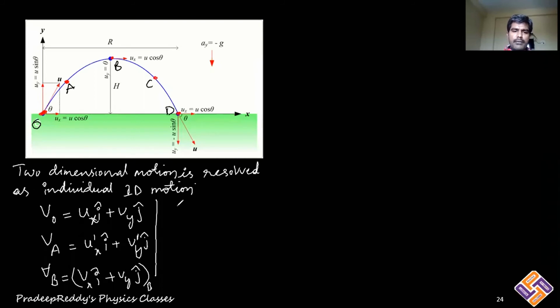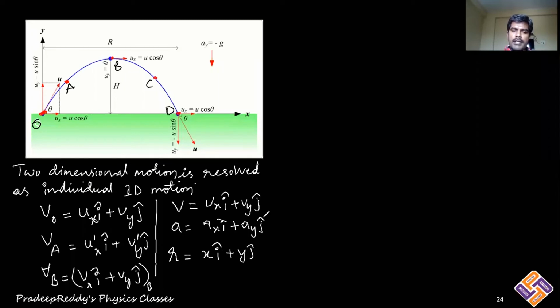Say, for example, velocity you write as Vx i cap plus Vy j cap. Similarly, you can find acceleration as Ax i cap plus Ay j cap. Likewise, you can write displacement R as x i cap plus y j cap.